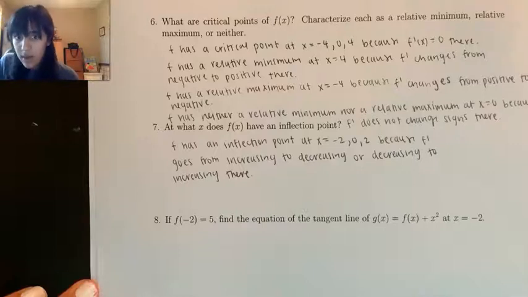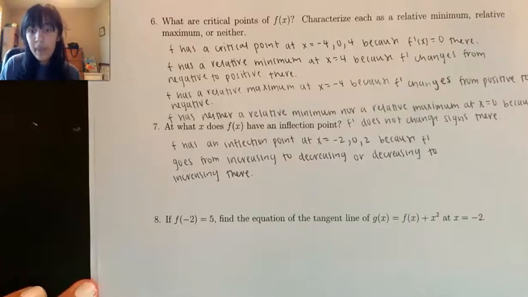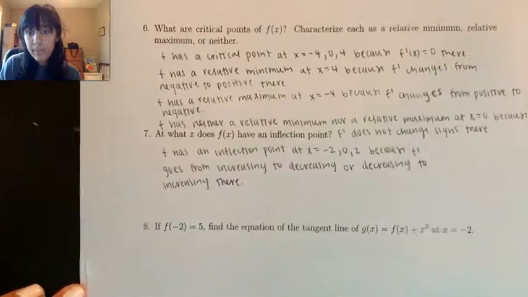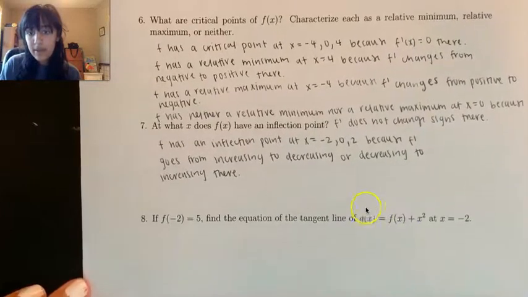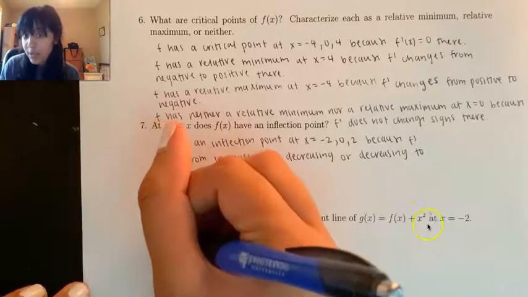When we're looking at this question first, we want to basically have all the components to make an equation for a line. So first we're going to want to find the y value. In order to find the y value, we're going to take this equation here and plug in -2 into it.